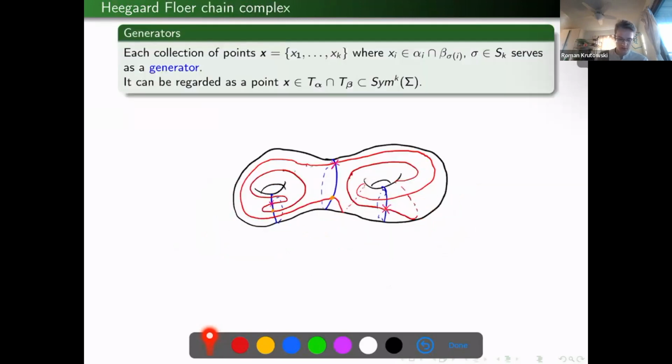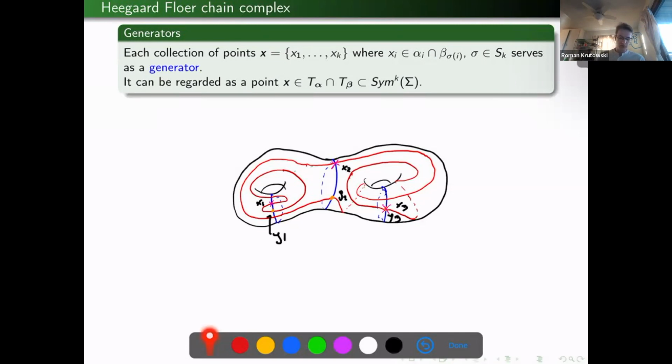Then the generators in the Heegaard Floer complex, for any version that you like, are collections of points of intersections between alpha and beta curves. In this example, for instance, there is the pink collection of points x1, x2, and x3, and for instance, these orange points, y1, y2, and y3.